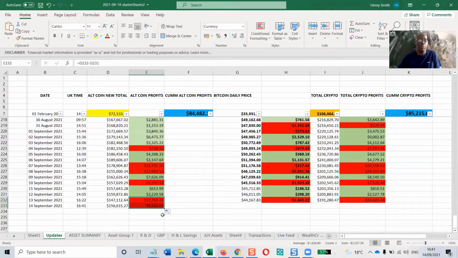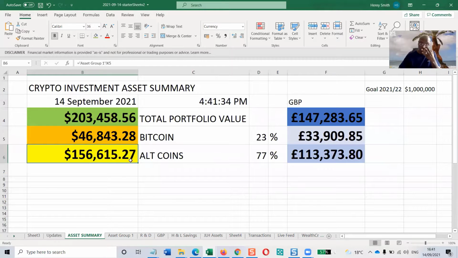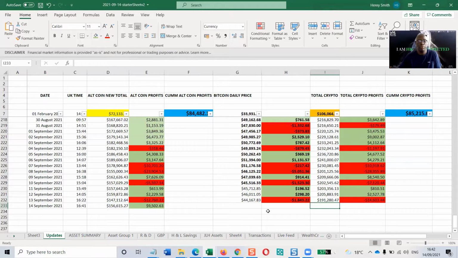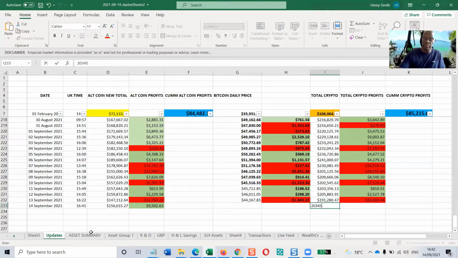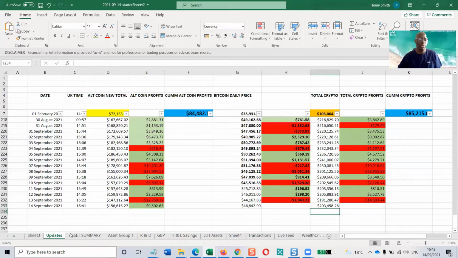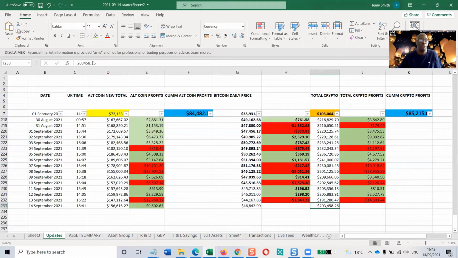This is upwards by $9,502, after going down yesterday, 12,760. So the totals figure is 203,458.56.